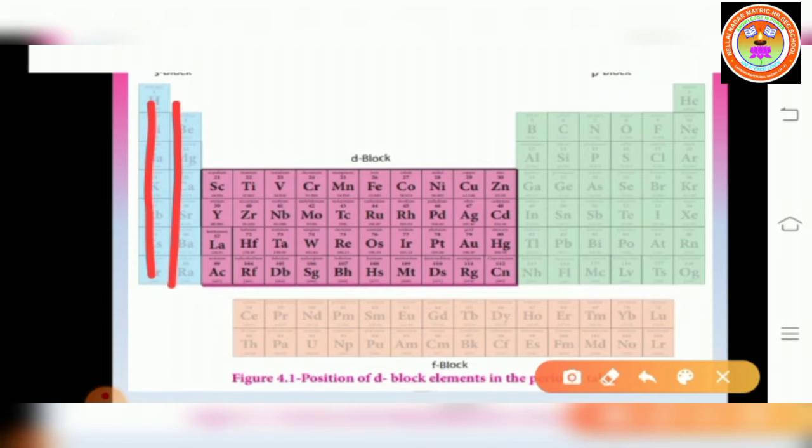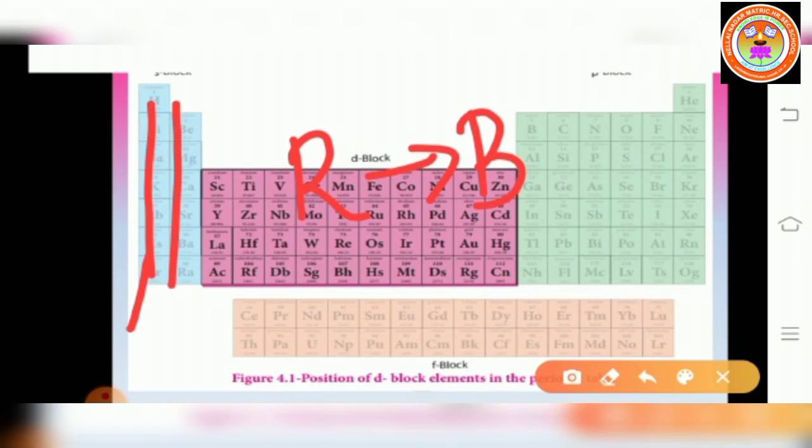The elements of group 1 except hydrogen are metals. They react with water to form solutions that change the color of a vegetable dye from red to blue. These solutions are said to be highly alkaline or basic. Hence, they are called alkali metals.